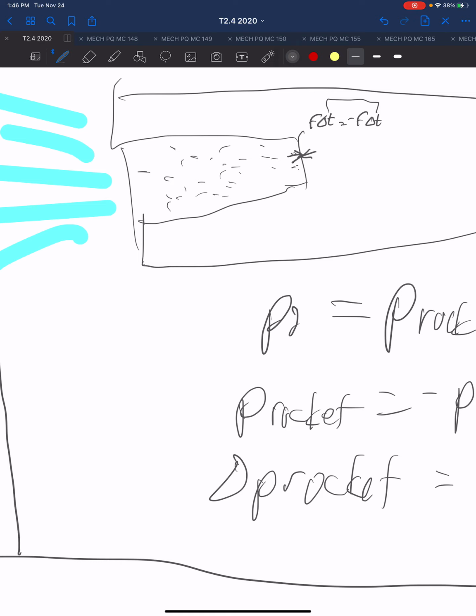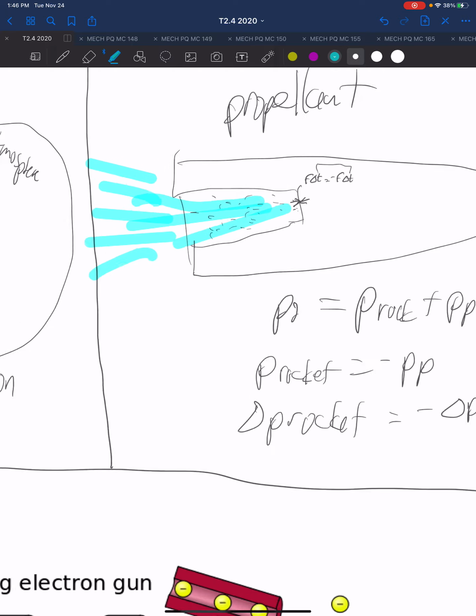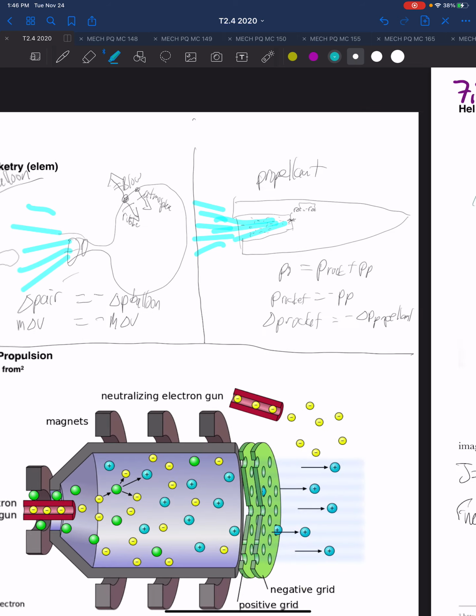So what's happening is the gas molecules are exerting a force on the rocket and the rocket is exerting a force on those molecules, and the result of that is it allows the gas to escape. And that escape, the mass times acceleration of the particles, is equal and opposite to the mass times the acceleration of the rocket. But ultimately, it's all about a conservation of momentum.